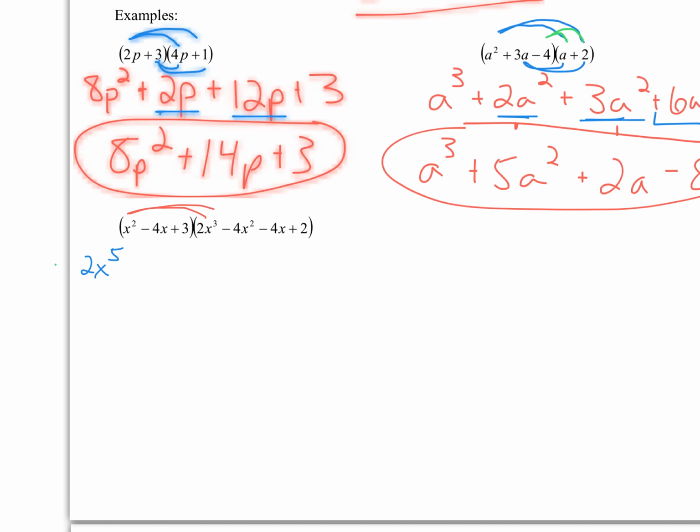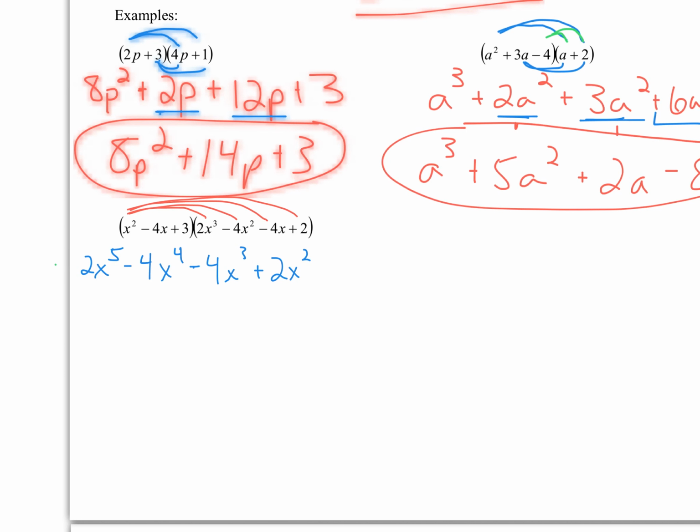X squared times negative 4x squared, negative 4x to the 4th. Keep going, x squared times negative 4x, negative 4x cubed. Lastly, x squared times 2 is 2x squared.